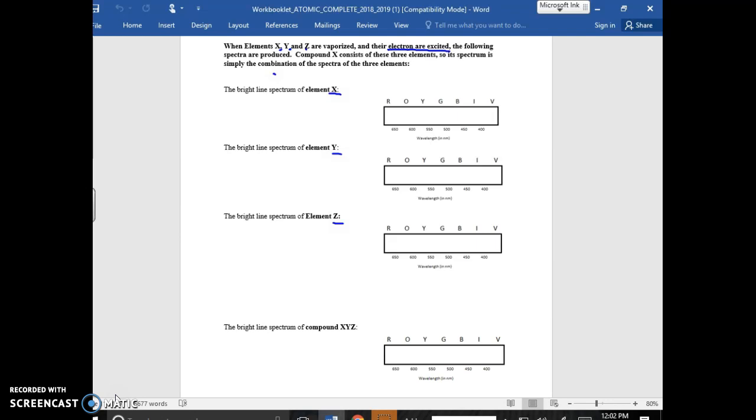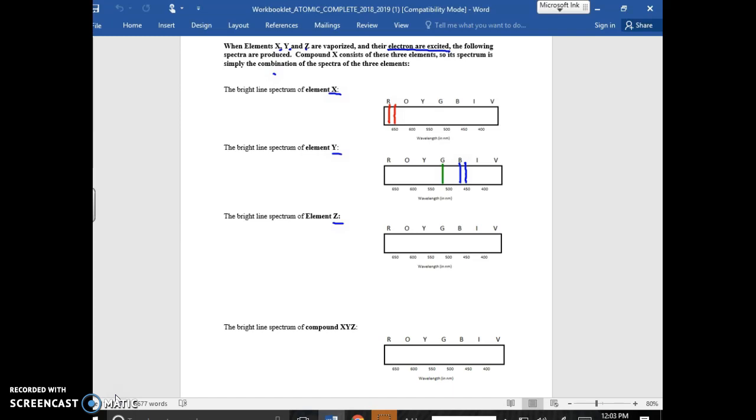Let's say that the bright line spectra of X are 2 red lines, like so, around 650 nanometers. Let's say that element Y produces 1 green line and 2 blue lines, like so. Element Y is identifiable because that is the bright line spectrum it produces.